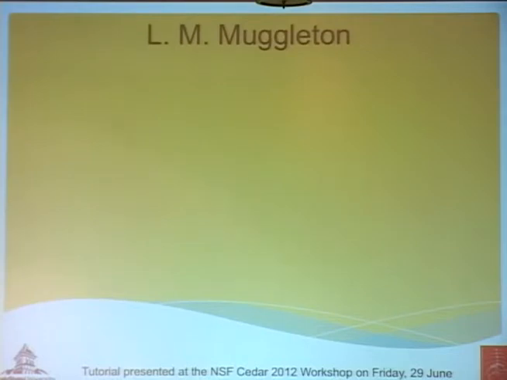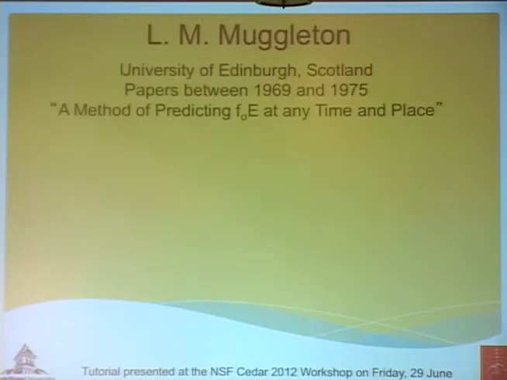Where does she live? Edinburgh, Scotland, okay. So Edinburgh University, Scotland, between this time and this time. A method of predicting FOE at any time and place. And this is the title of a paper this gentleman wrote, and he's got several papers.